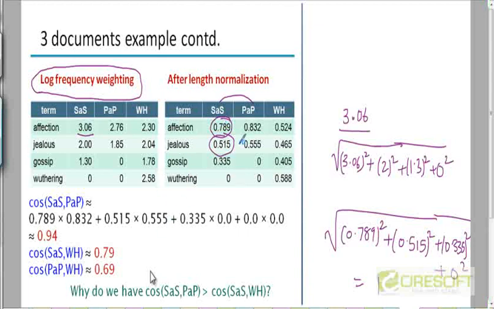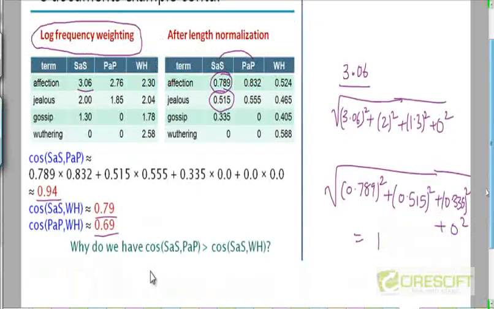So it's just a simple dot product, and the value we get is 0.94 between these 2 novels. If we compute the cosine score between Sense and Sensibility and Wuthering Heights, we get a score of 0.79. And if we compute the score between Pride and Prejudice and Wuthering Heights, we get a score of 0.69.